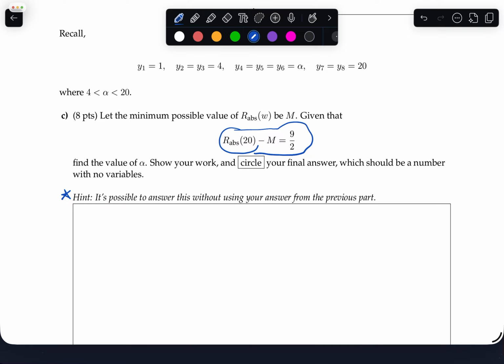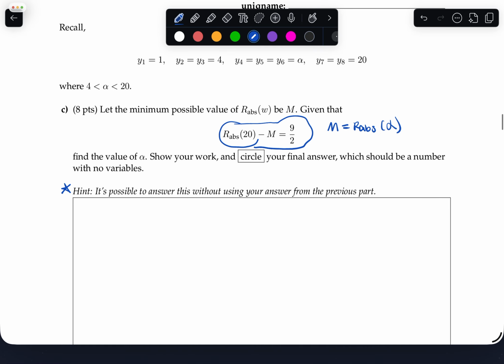So m is equal to R_abs of alpha, and our statement here becomes R_abs of 20 minus R_abs of alpha is equal to 9 over 2.